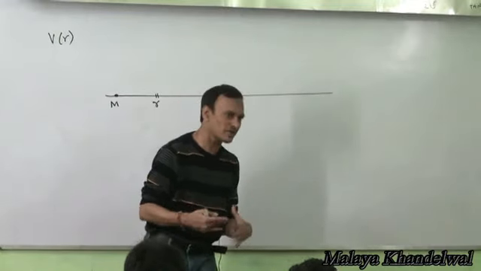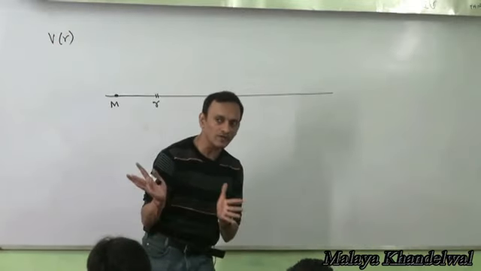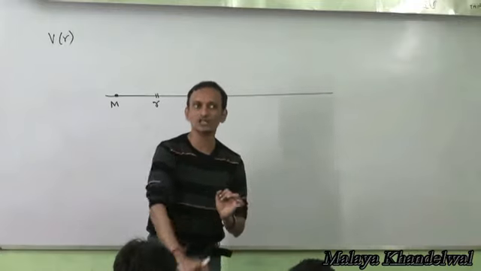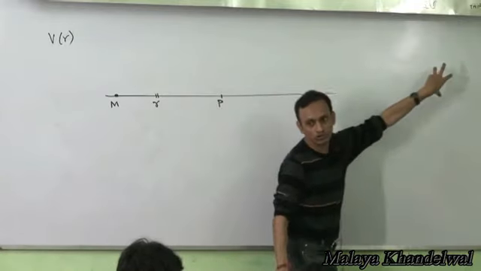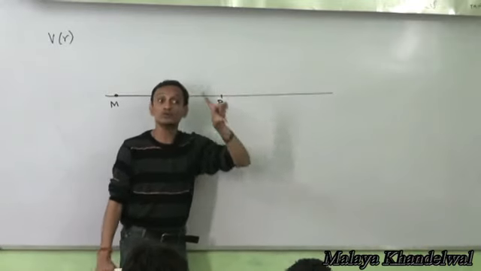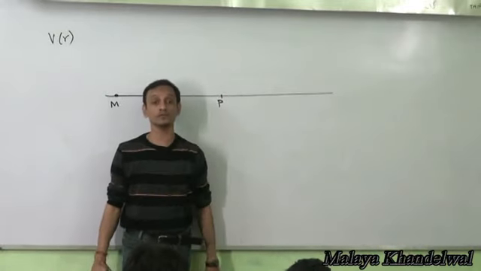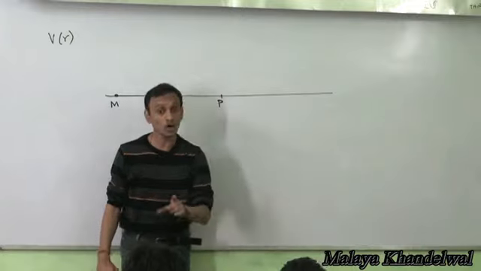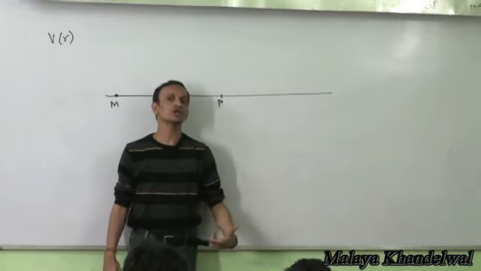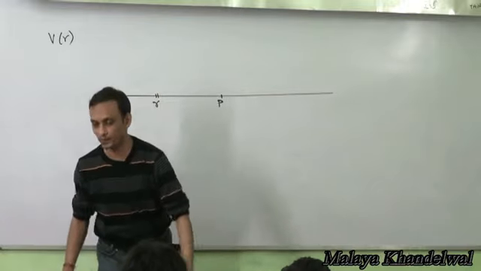Because if the particle accelerates, its kinetic energy would change. So I want an external agent to do me this favor. I want the external agent to transport a unit test mass from infinity to P without causing acceleration to the particle. The work done by the external agent in the process will be referred to as the potential at the point P, right?